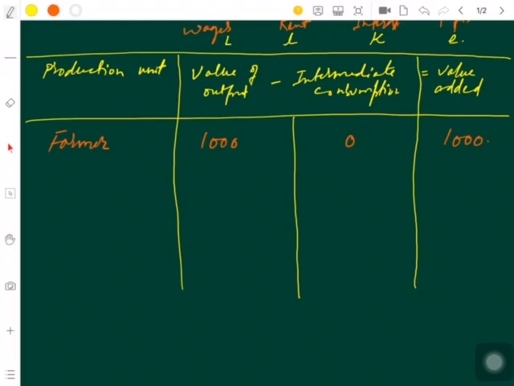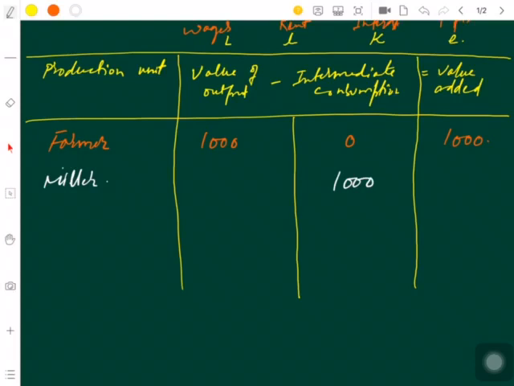Second thing, let us say this farmer is now obviously going to sell this wheat to a miller. A miller will process it. So this miller bought raw material from the farmer worth rupees 1000, because it is going to be his intermediate consumption. Now he processed it, he worked with it, and he turned it into flour, packed it into bags, sent it to different markets, and so on.